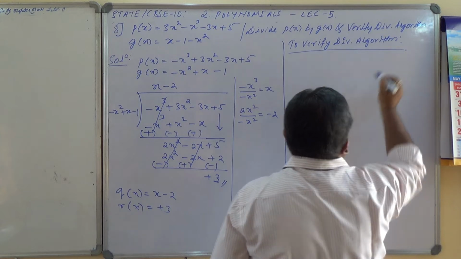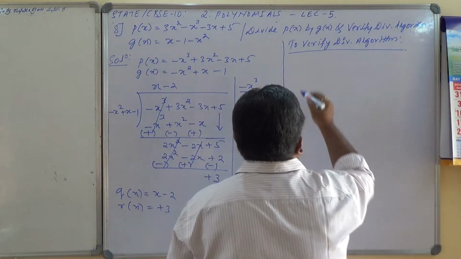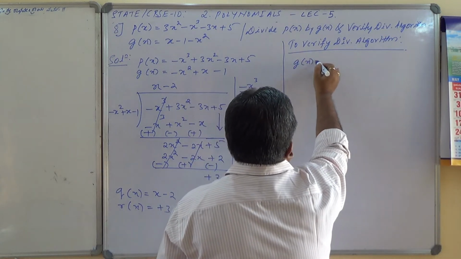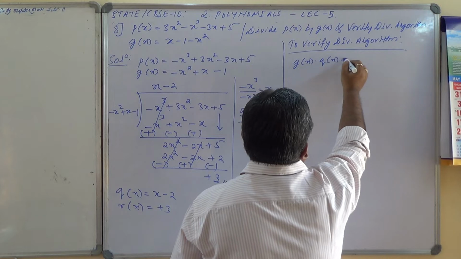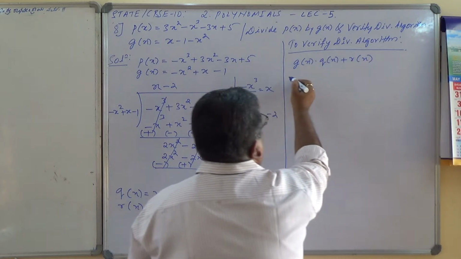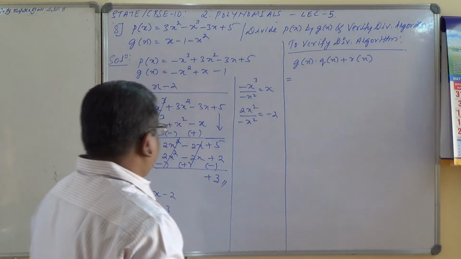To verify the division algorithm, g of x into q of x plus r of x equals, what is g of x?